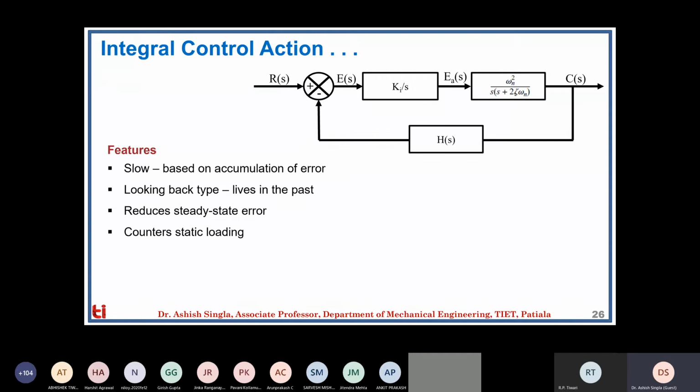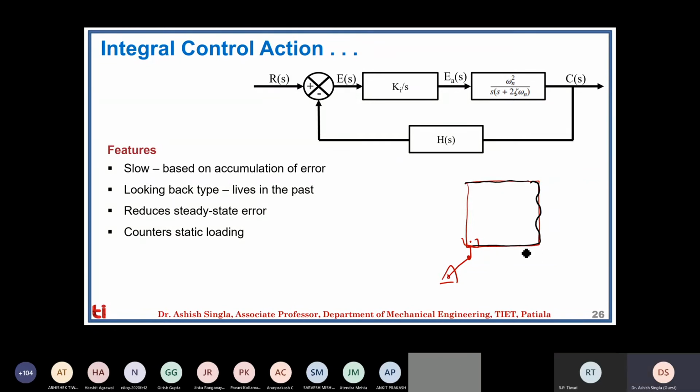So let's say there is a robot, a 2-link manipulator, which has to follow this trajectory. And this is the desired trajectory. Let's say the robot follows the trajectory in actual practice.